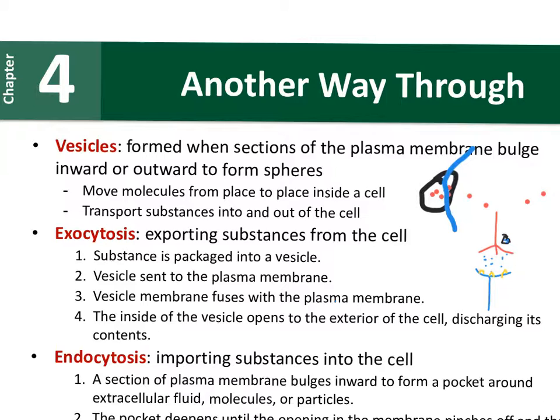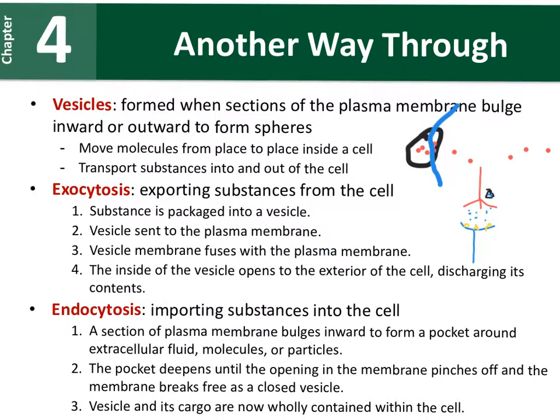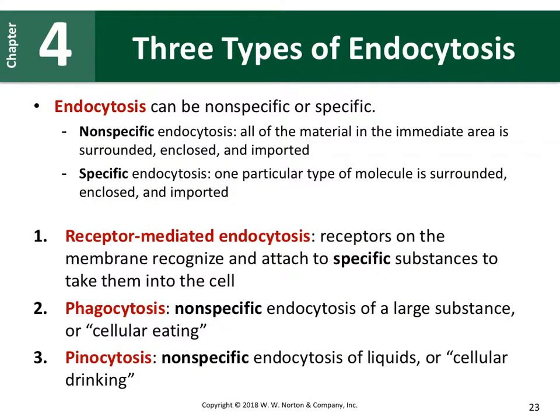So in the case of a cell doing exocytosis, releasing stuff out of the cell, and then endocytosis inward. And then receptor-mediated endocytosis, there are receptors that recognize and attach to specific substances, and includes phagocytosis, nonspecific endocytosis of large substances, and pinocytosis.